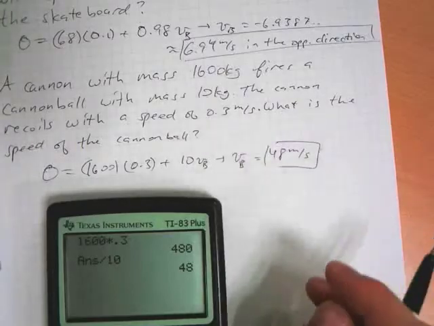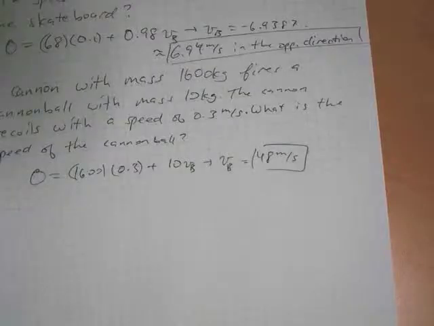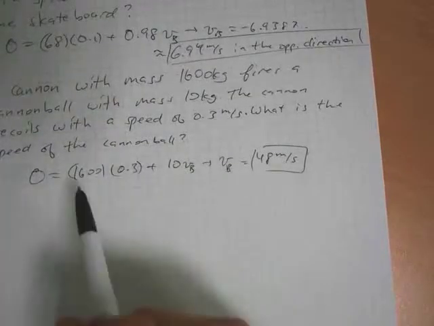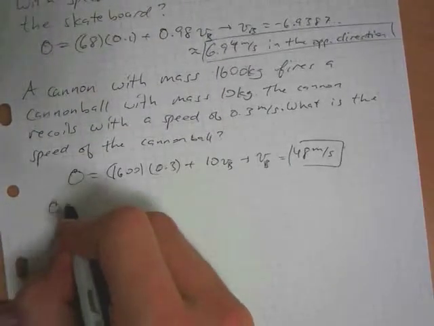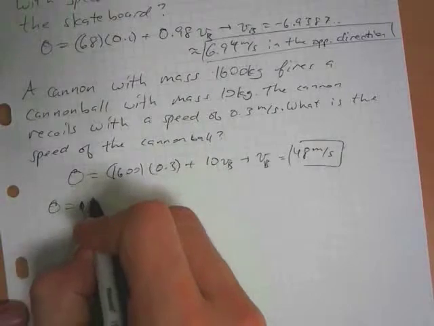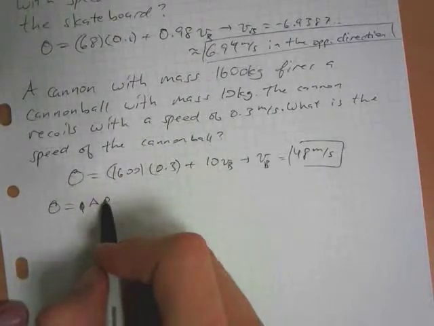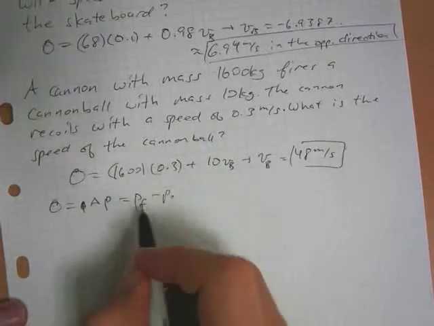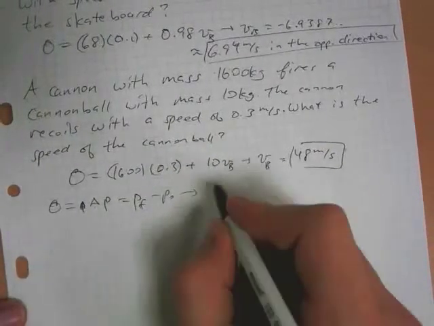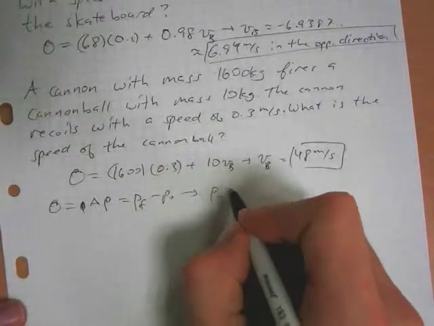I've been framing this in terms of the impulse momentum theorem, but really, what we have is that 0 equals a change in momentum, right? And a change in momentum is momentum final minus momentum initial. So another way of thinking about this is that initial momentum equals final momentum.